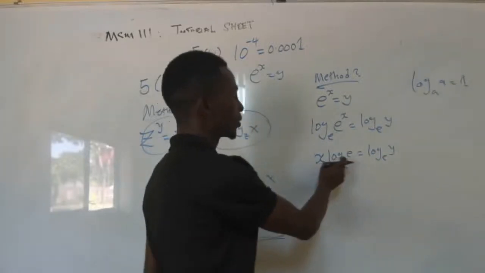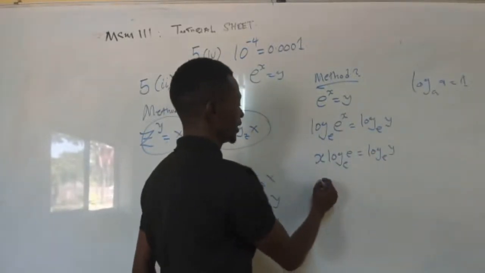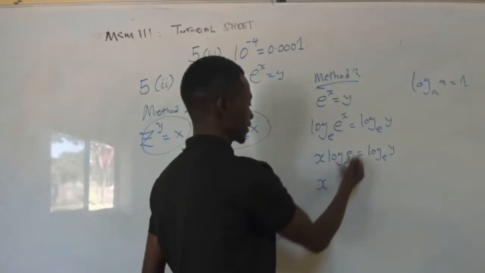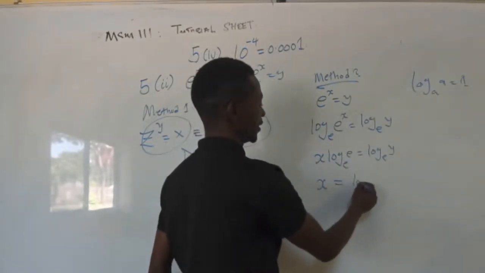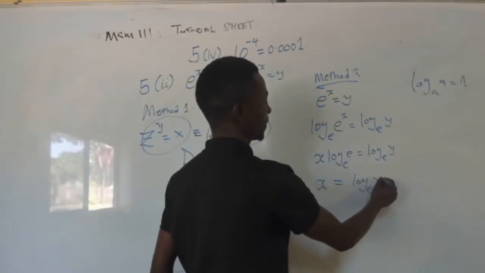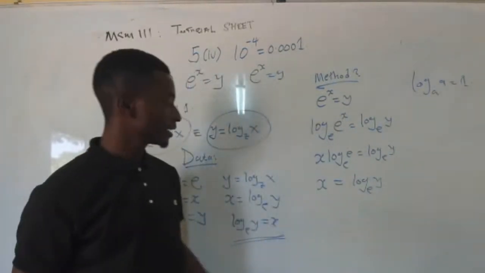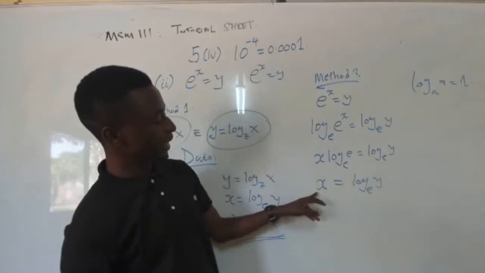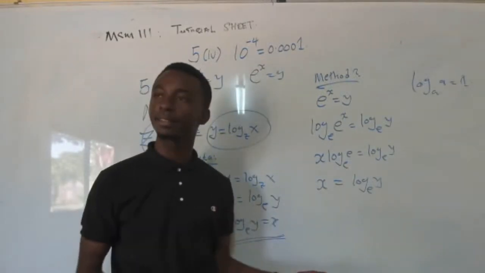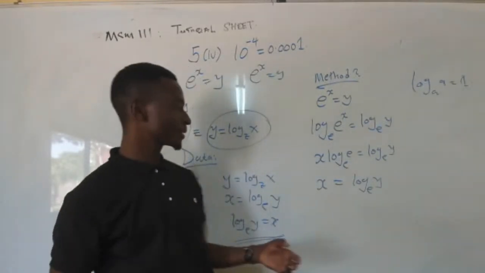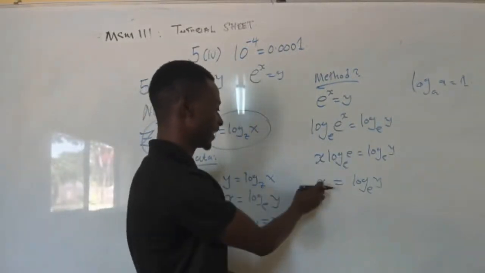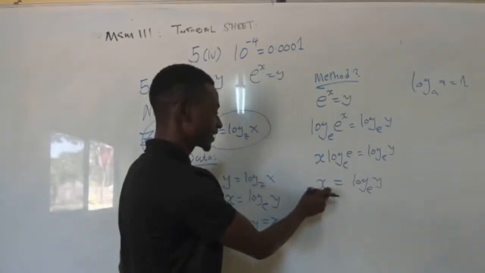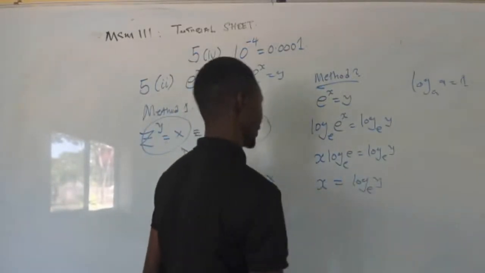So since we have log e e, that's 1. So it equals 1 times x, which is x, equal to log e y. Because 1 multiplied by x is x, not x squared. So x equals log e y.